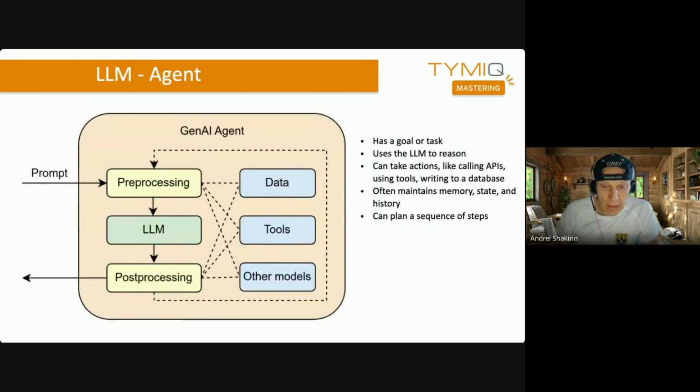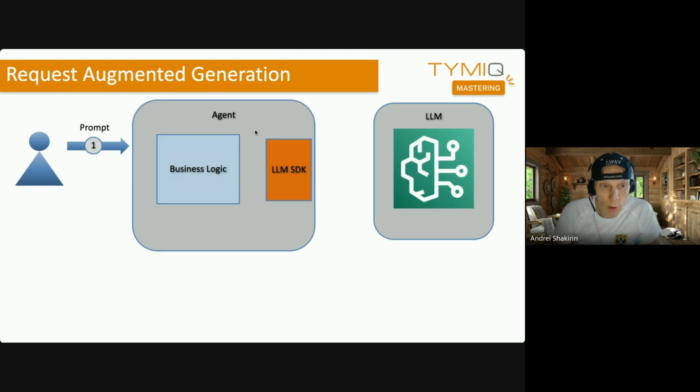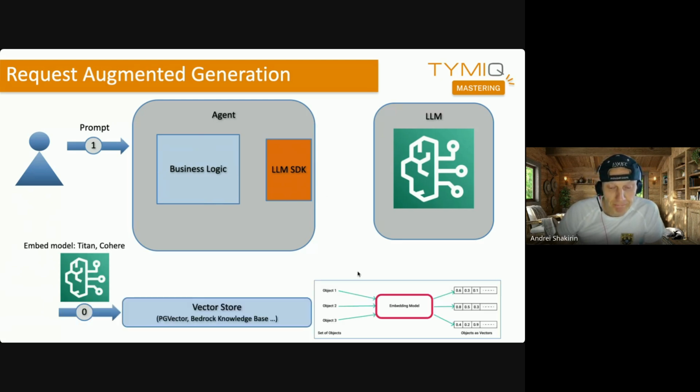How do agents use information from external sources? There are two approaches to this. The first is retrieval-augmented generation, or RAG. What is the idea of RAG? We have an end user who sends a prompt to an agent with business logic and an LLM inside. Additionally, the agent prepares some data, normally in vector format.